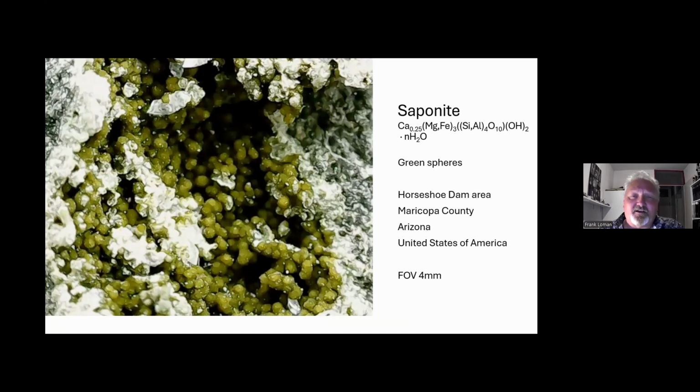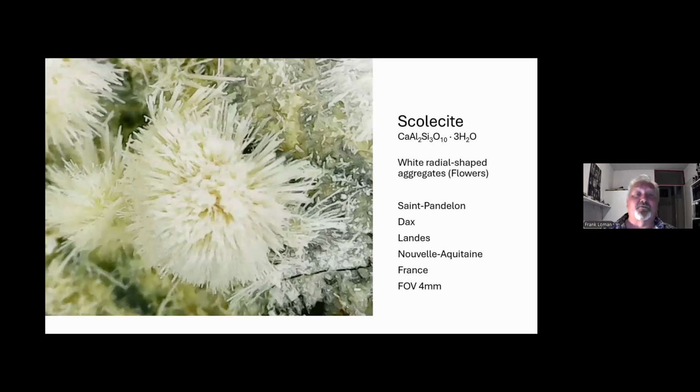Well, we did have the fairy saponite earlier. This is a saponite, and it forms green spheres in the cavity from the Horseshoe Dam area in Arizona. So by now you get an impression of how many minerals can form spherules.